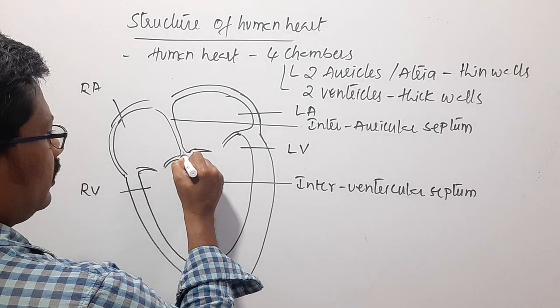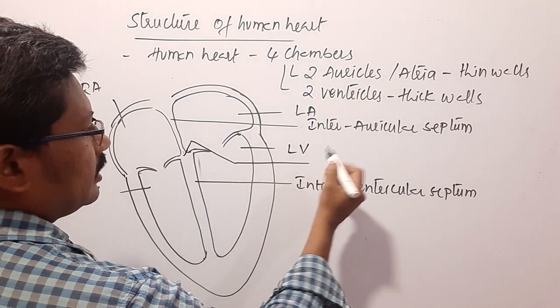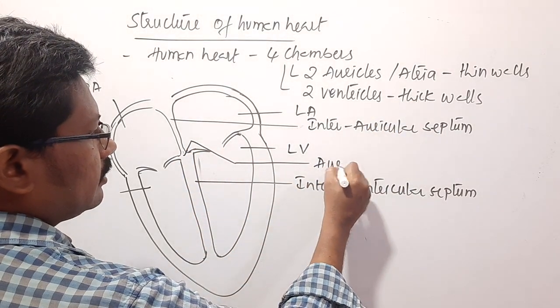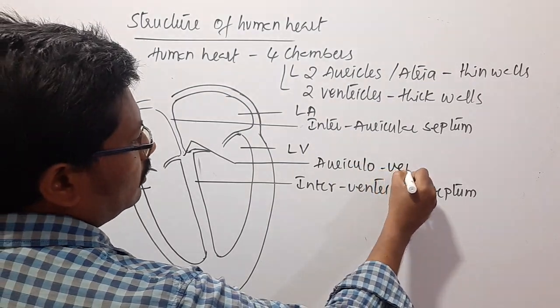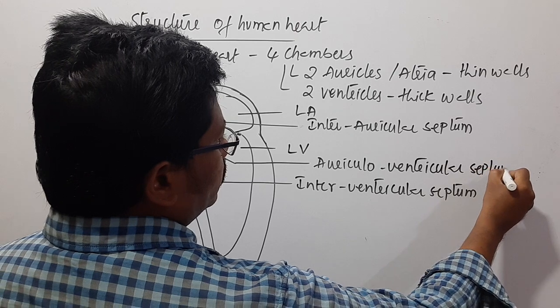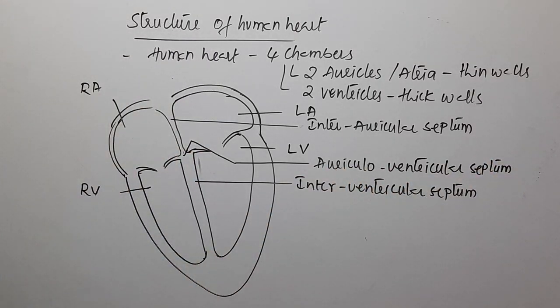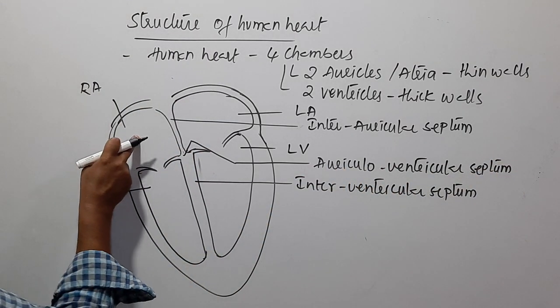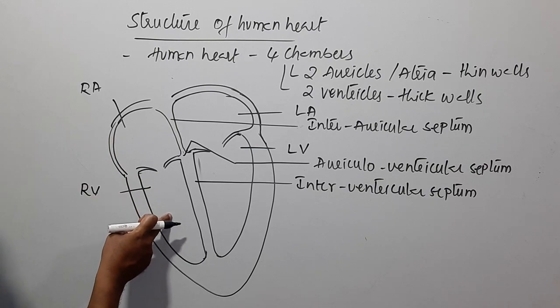The auriculoventricular septum is present between the auricles and ventricles, right?